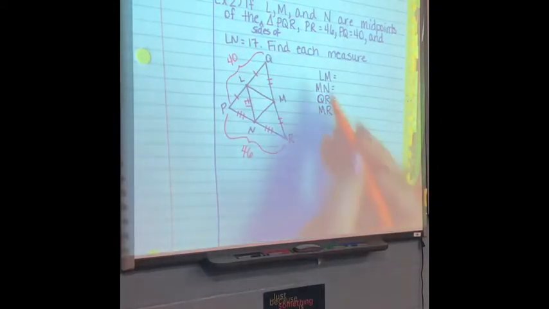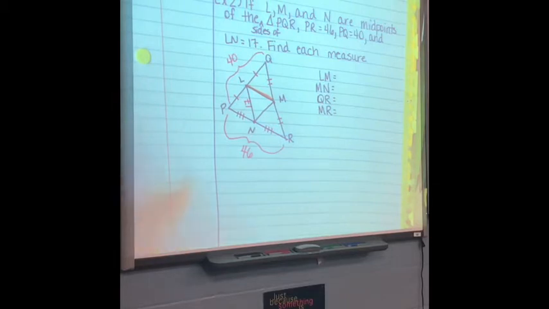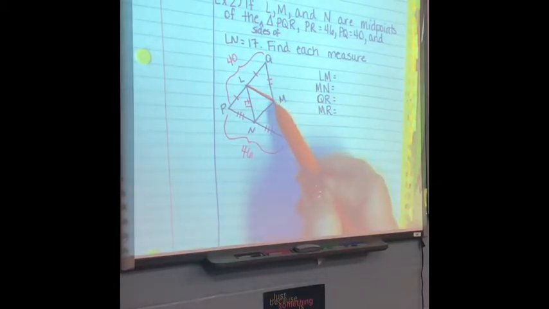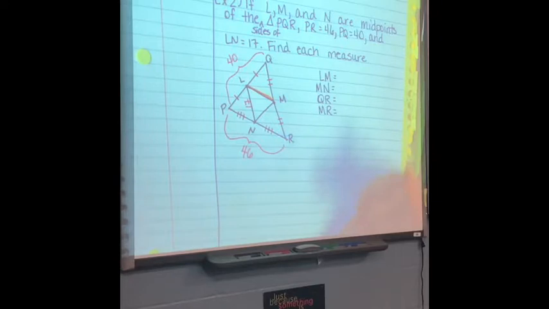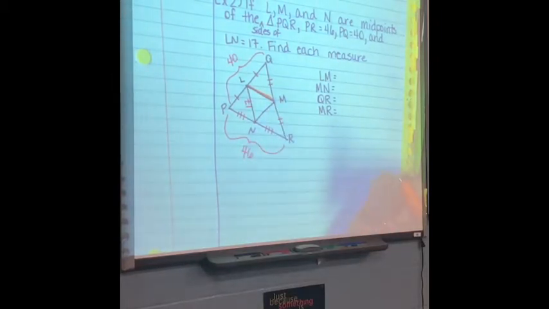So I'm going to start with what they asked me about. They say, what is the measure of LM? So how might I be able to find LM given all this other information? Go back and look at that theorem and see what it said. What did it say about the midsegments? It's half as long as who? The third side, right? So LM is half as long as who?